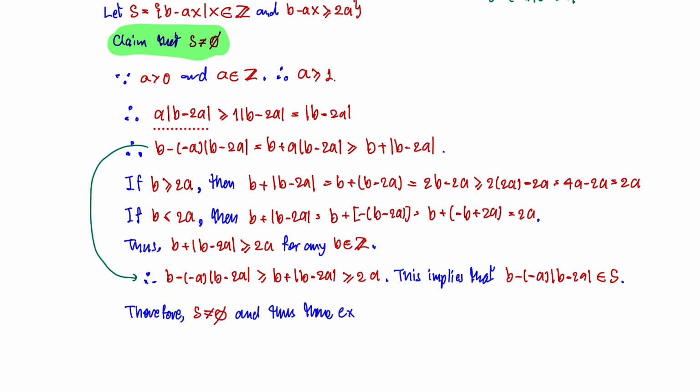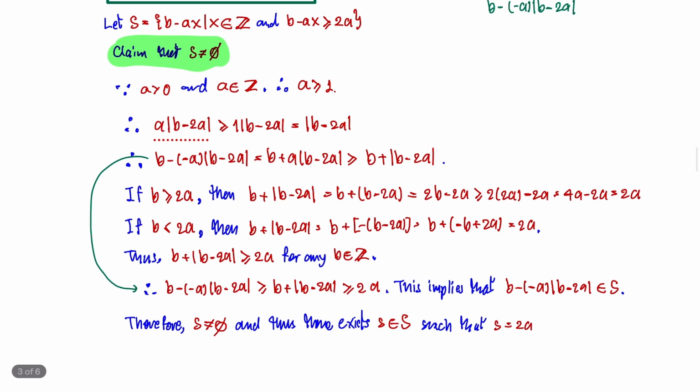There exists an element s in set S such that s might be 2a. Why?